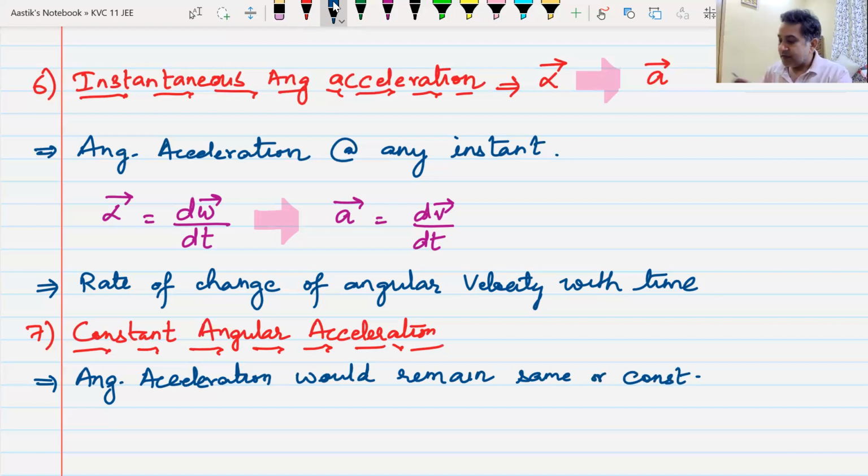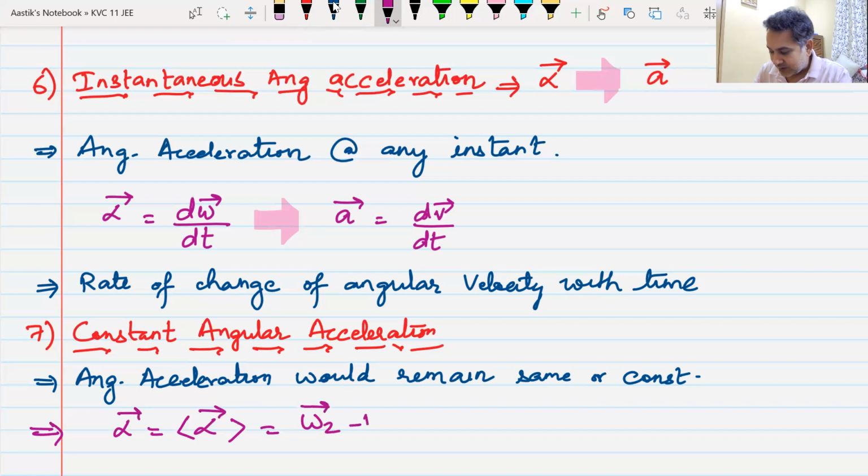So in this case, I can say very easily your instantaneous angular acceleration will be same as your average angular acceleration, which is equal to omega 2 minus omega 1 divided by t. This is actually same as your case where the acceleration of the body was constant.